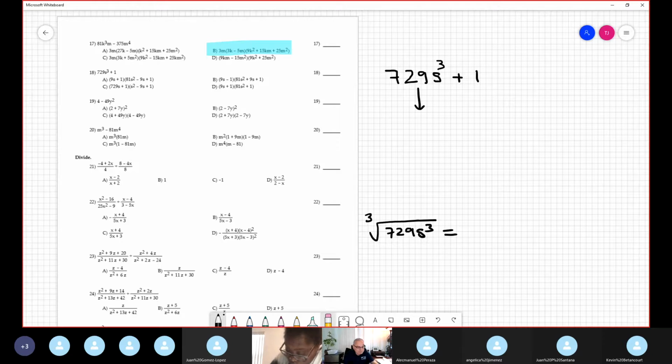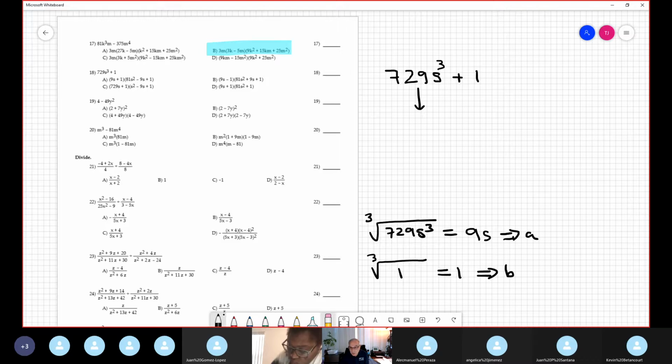Here, I found 729, boom, it's 9x. And the cubic root of 1 is also obvious, it's 1. This is my A and my B in the formula.